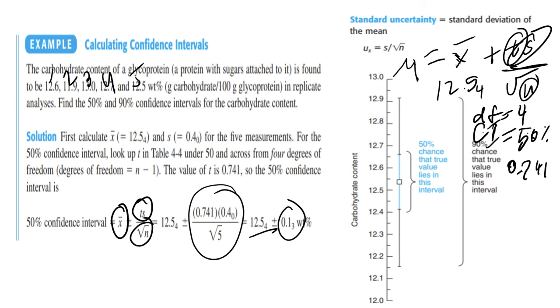So it's between this value and that value. That's what a confidence interval is within a certain percent confidence. What that means is there's a 50% chance that the true value lies in this interval. That's why the higher your confidence level, the better the chance that a certain value is going to fall into it. So just remember that.